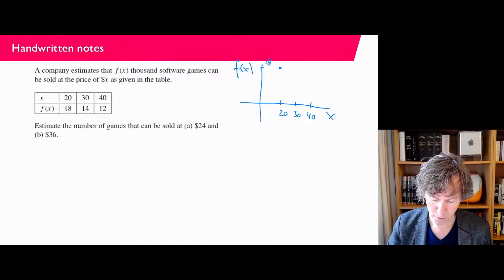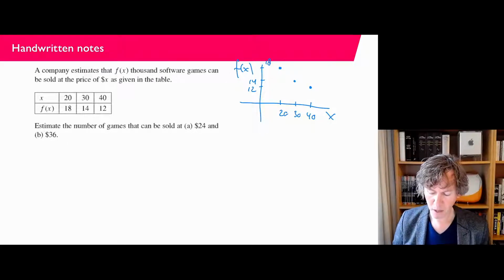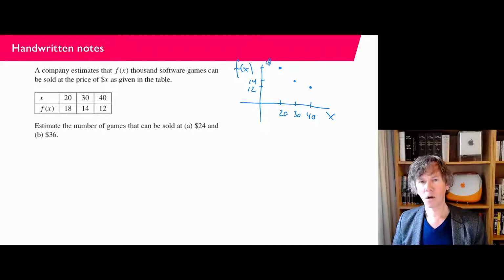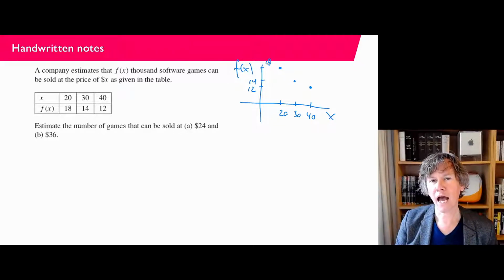Then at 30, it is going to be 14. And here, it is going to be 12,000 copies. Now, this is all the data we have. So we have 3 data points here.